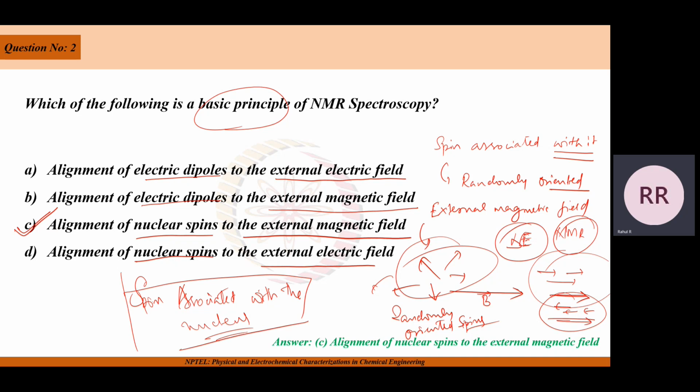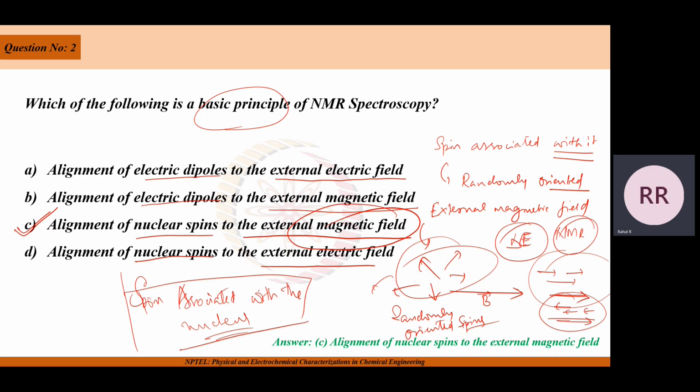As we apply some external magnetic field, we study how the nuclear spin gets aligned along B or against B, so that can cause some energy change, and by analyzing that we can get an idea about the NMR spectroscopy. So once again, the basic principle of NMR spectroscopy is the alignment of nuclear spin to the external magnetic field. This has to be stressed: it is the external magnetic field.